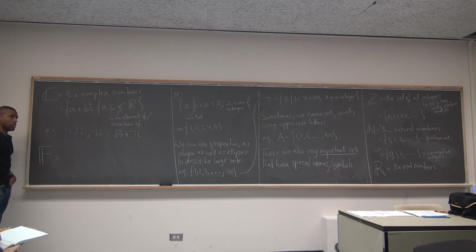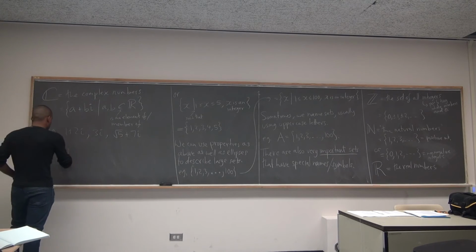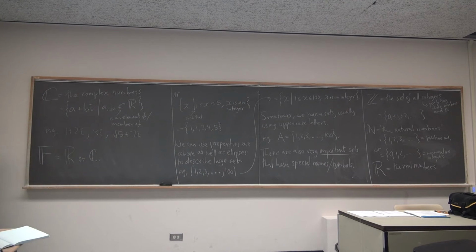Let's talk about something else. F. Who knows what F is? F means R or C. So whenever you're reading an advanced math textbook and they put F, basically they're saying you can think of this as applying to the real numbers or the complex numbers.